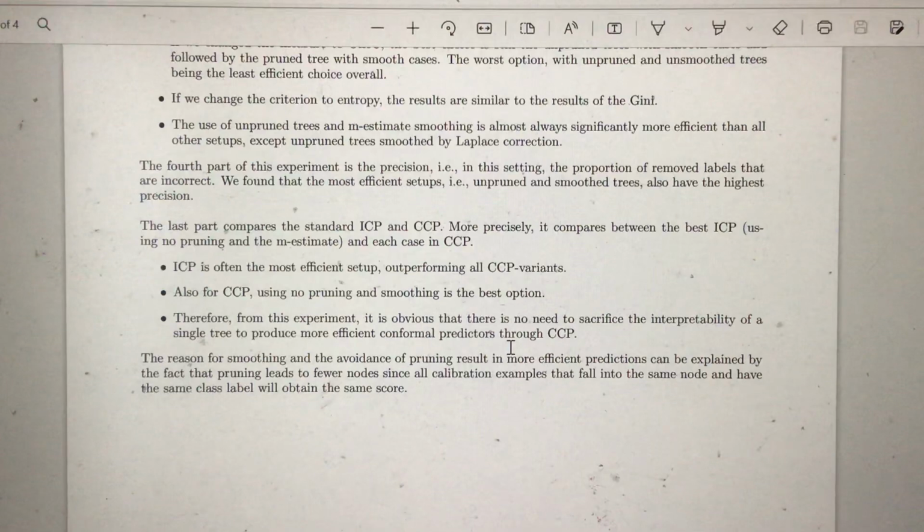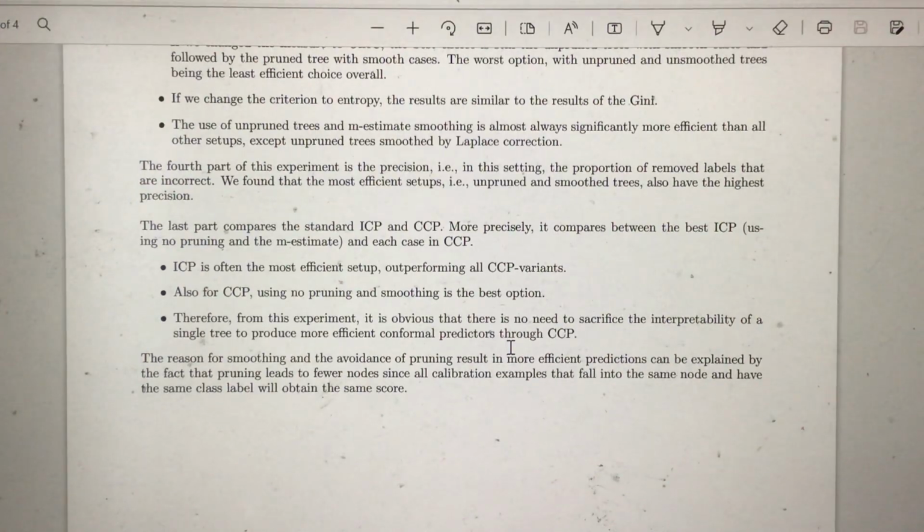When we calculate it, there is a larger average length here. So this is because the pruning results have a poor efficiency. This is why.